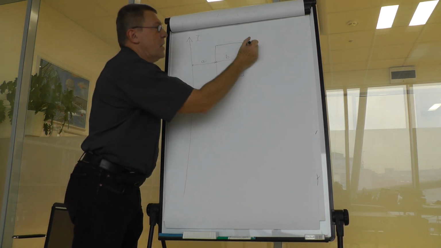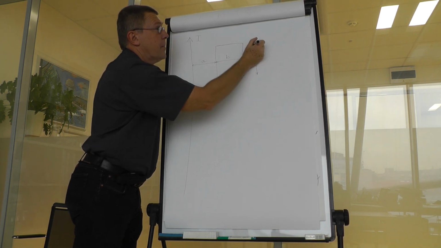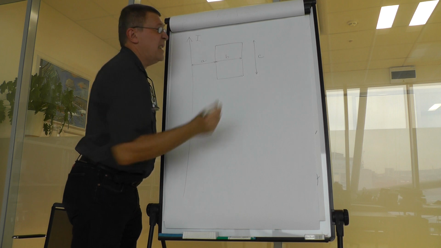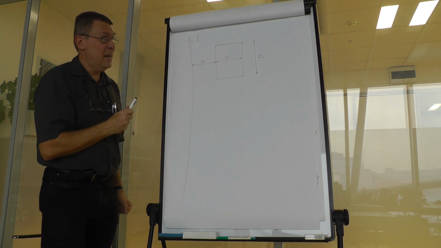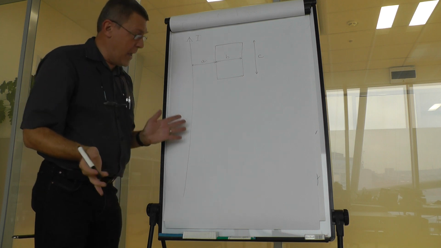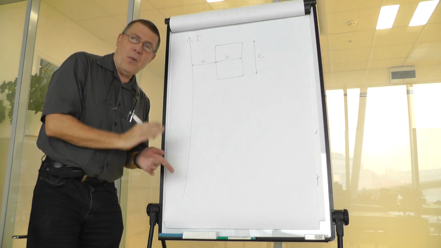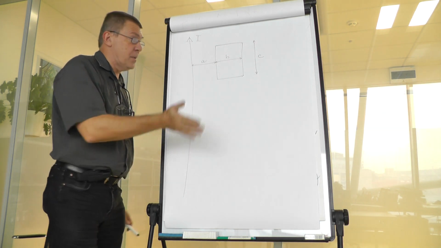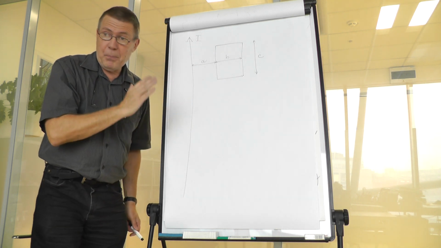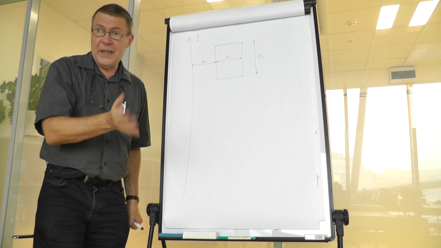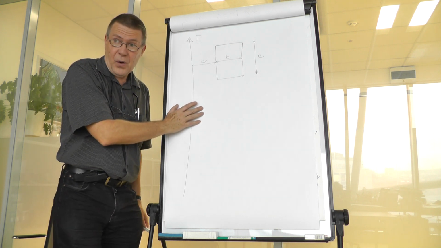Now, this dimension of the loop is C. We have the current I, and now we have everything we need for the calculation, provided that we consider that both the loop and the wire are positioned in open air, so that the permeability of the media is mu0.